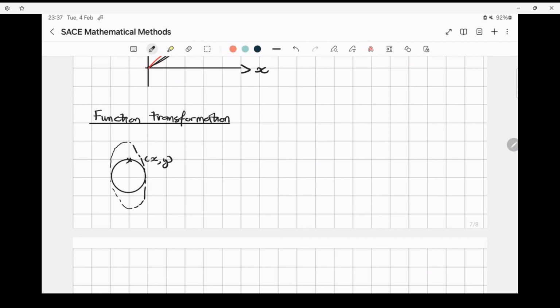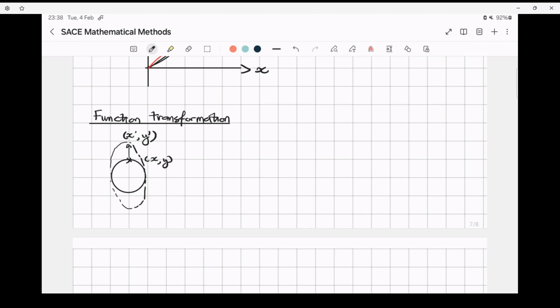So it means that this point x, y will move up. Let's say after you stretch it in the y direction, the new coordinate is what we call x prime and y prime. So we'll look at the relationship between x prime and x, y prime and y, to study the effects of functional transformation.